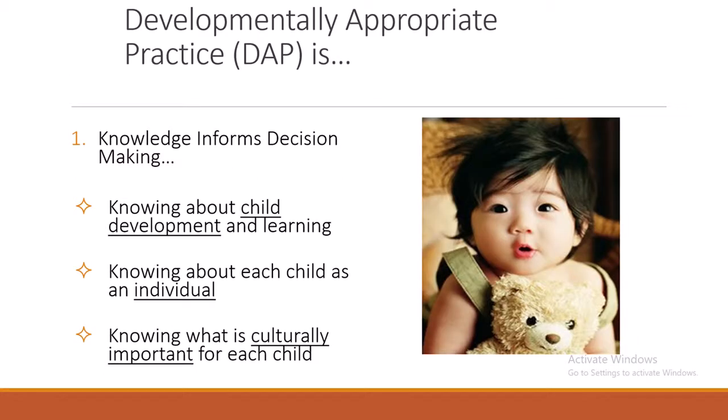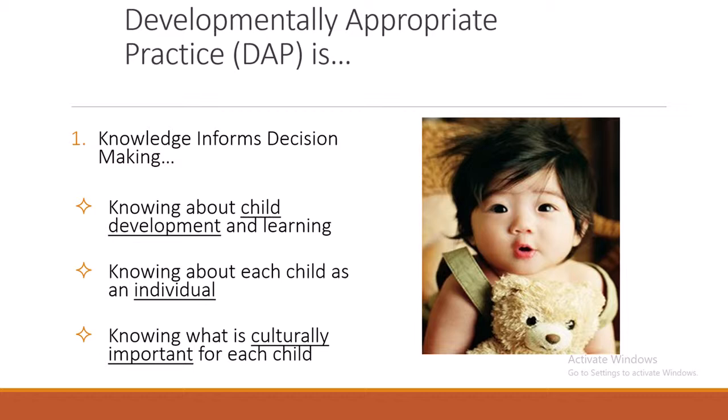So when we think about knowledge informs decision making, that's really thinking about the fact that as teachers, we really need to understand child development. And so we need to understand child development in general in terms of what a 6-month-old or a 12-month-old or a 3-year-old knows and is able to do in general, right?